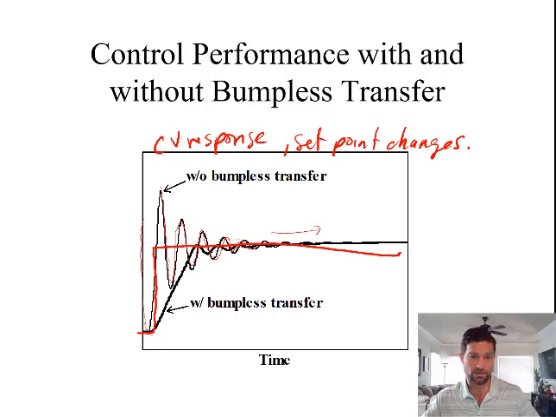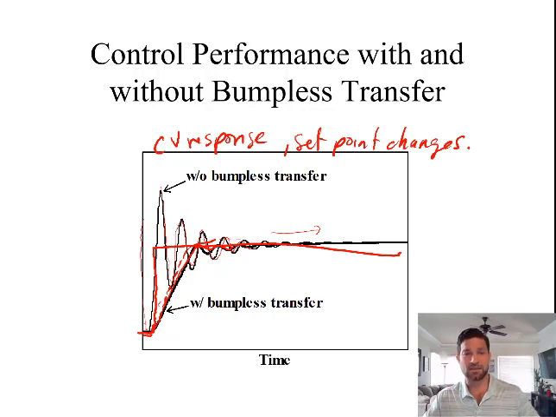With Bumpless Transfer, instead of having this set point right here, we might maybe have this dashed set point change. And this dashed set point change, or this ramp, causes your system now to slowly change and reach the new steady state value, and it doesn't undergo these large oscillations that we saw without Bumpless Transfer.